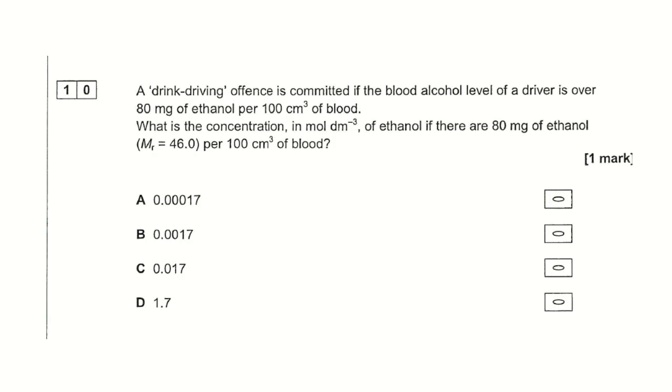Okay, we're into the multiple choice then. A drink driver: we're looking to calculate the concentration in his blood in moles per decimeter cubed. So we've got 80 mg. I would convert that into grams straight away, so 80 divided by 1,000 is the mass in grams of the ethanol. Divide that by the RFM of ethanol, remembering RFM is in grams, so it has to be done like so.